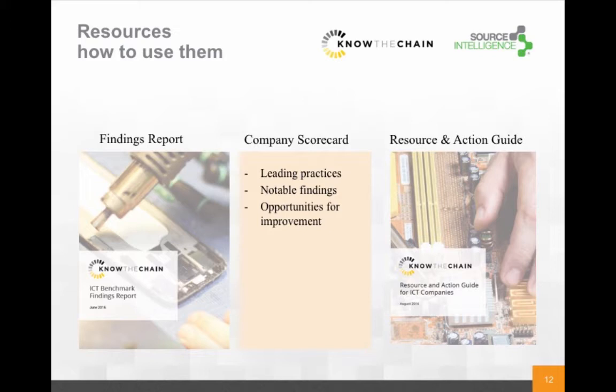We'll be releasing our final benchmark report, which looks at apparel and footwear companies, at the end of this year, and early next year we'll be releasing companion resource guides for both the food and beverage sector as well as the apparel and footwear sector.